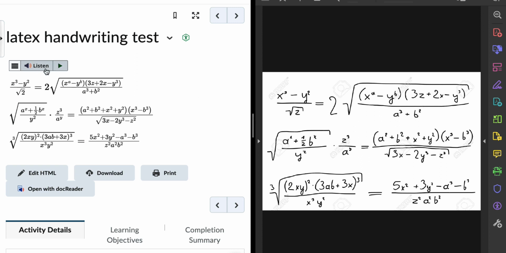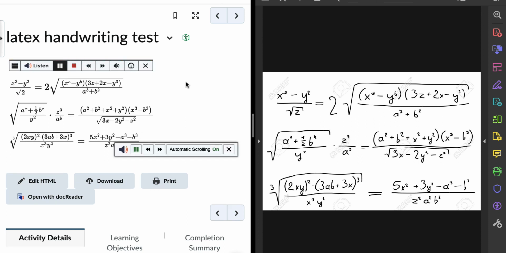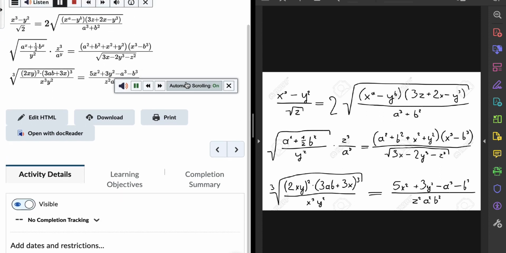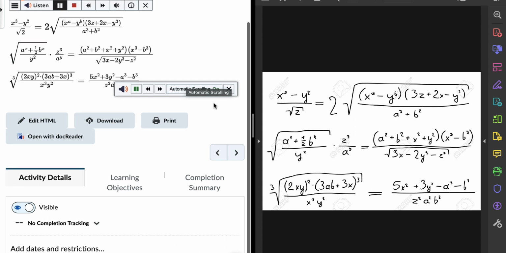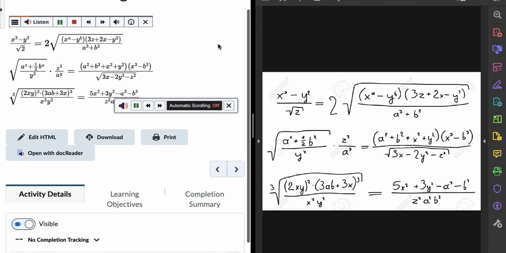We can see how it's read aloud in ReadSpeaker. Fraction x cubed minus y squared, divided by square root of 2, equals 2 square root of fraction, parenthesis, x to the power of a minus y to the power of b, and parenthesis, 3z plus 2x minus y cubed, and parenthesis, divided by a cubed plus b squared. Square root of fraction a to the power of x plus fraction 1 divided by 2 b to the power of x divided by y squared.